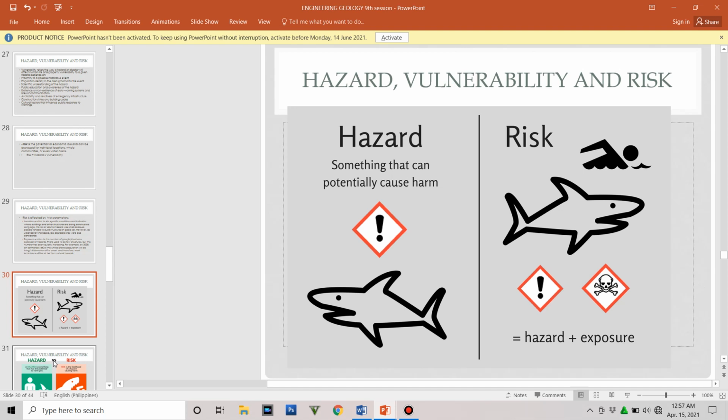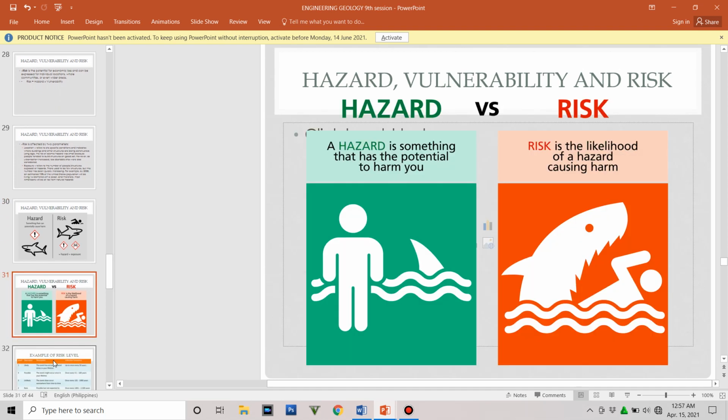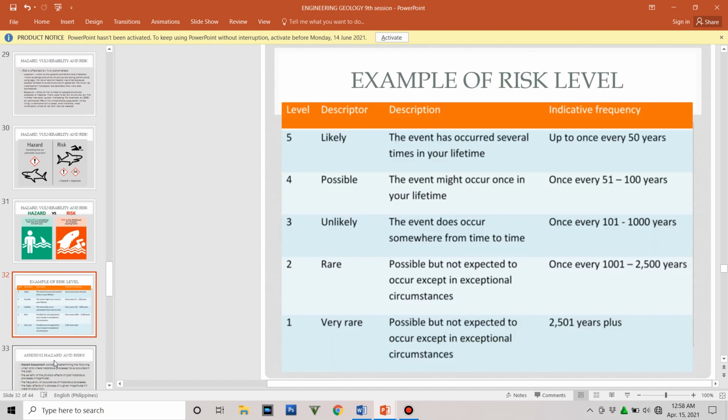Okay? So hazards plus exposure is actually the risk. A hazard is something that has the potential to harm you, pero hindi ka pa na-harm. But if you're going to swim on that vulnerable area, then you have the risk, the likelihood of a hazard causing harm.